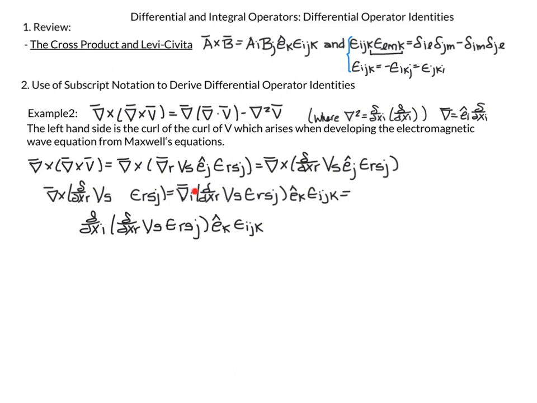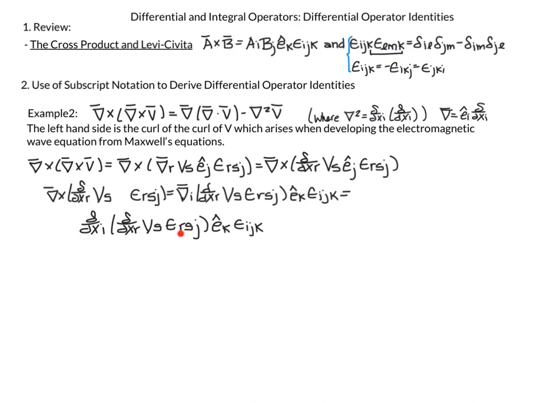And like I did previously for this del sub i, I'm going to convert it to partial derivative with respect to x sub i. So now I have d dx sub i, d dx sub r, v s, epsilon rsj, e, the kth direction vector, and epsilon ijk.